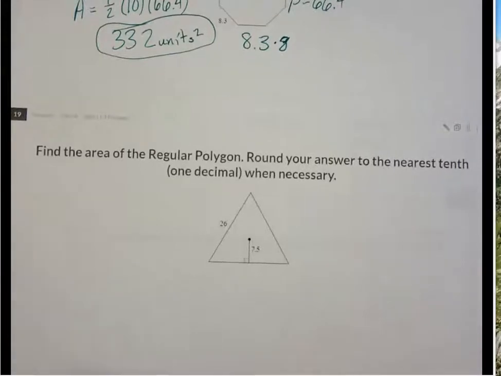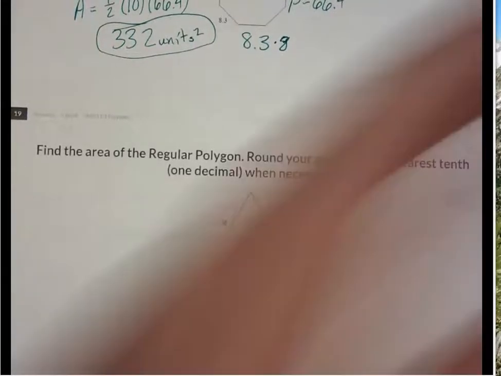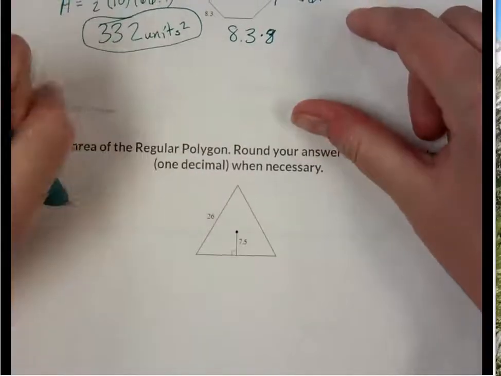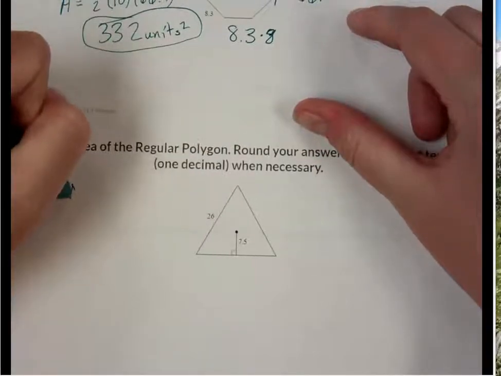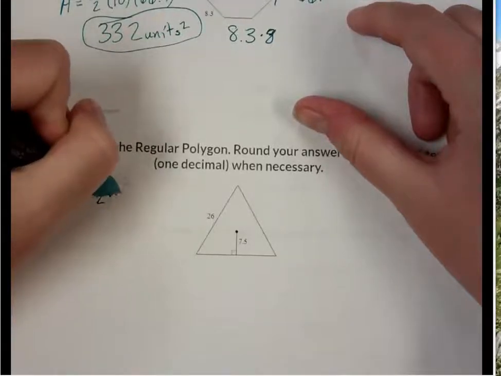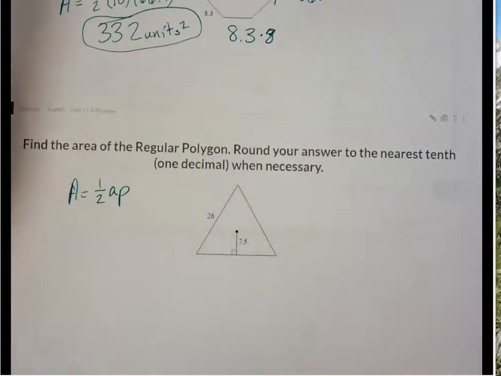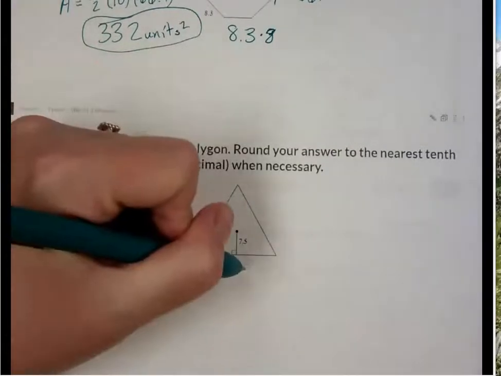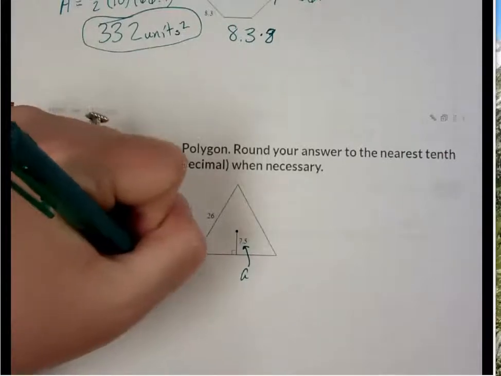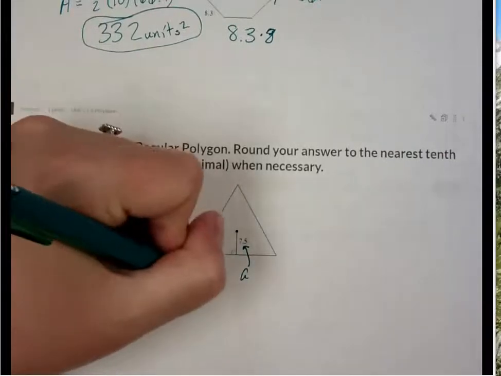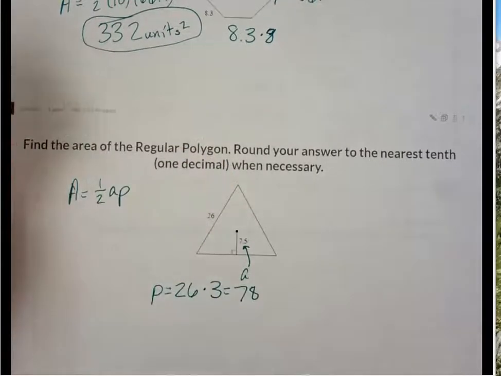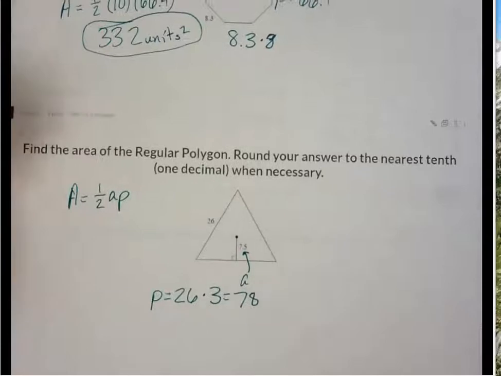Okay. And this last one, find the area of this regular polygon. 1/2, capital A area equals 1/2 apothem times perimeter. My apothem is 7.5. My perimeter is going to be 26 times 3, which will be 78. And then we're ready to plug everything in.